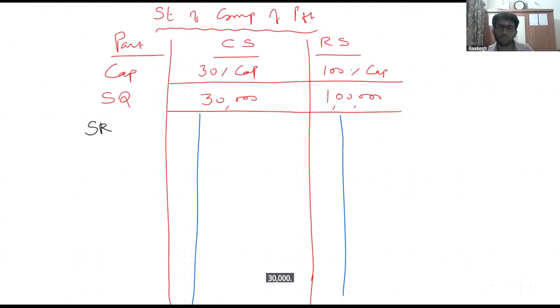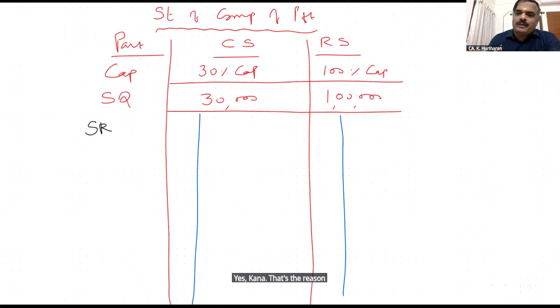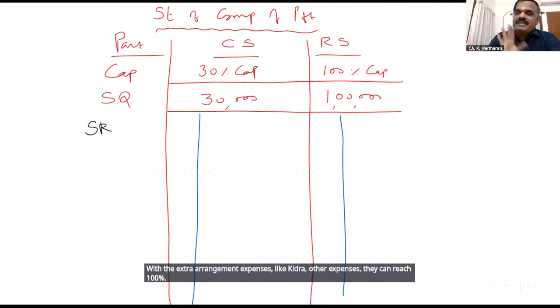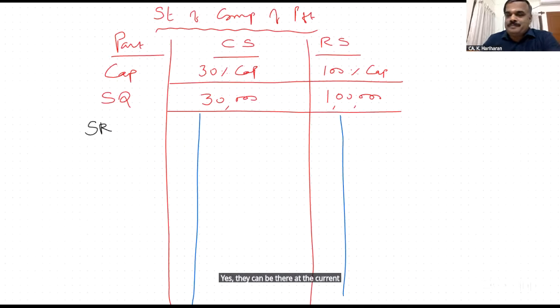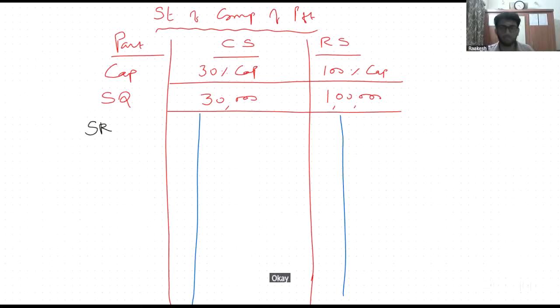Is there not a difference between can produce and what they have actually done? Yes, that's the reason they gave two scenarios. With the extra additional advertisement expenses, lucky draw and other expenses, they can reach 100%. Else, they can stay in the current situation only.